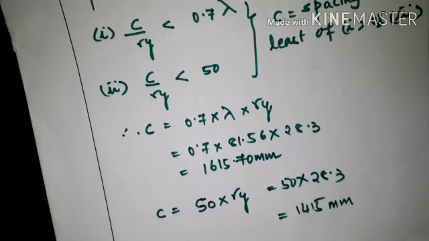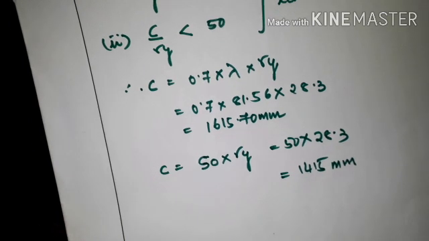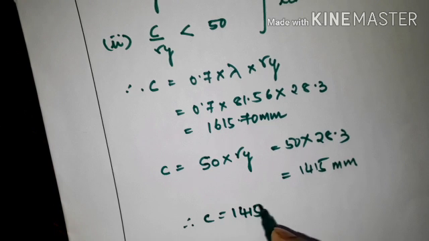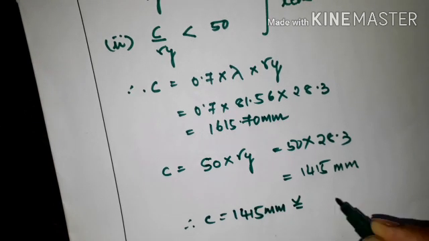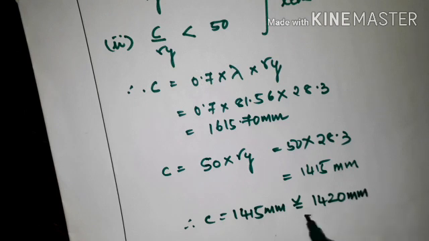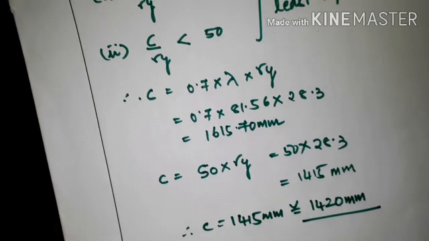You have to choose the least between these two. Therefore C is equal to 1415 mm, which I'll round to 1420 mm. So we got the spacing between the batten plates as 1420 mm.